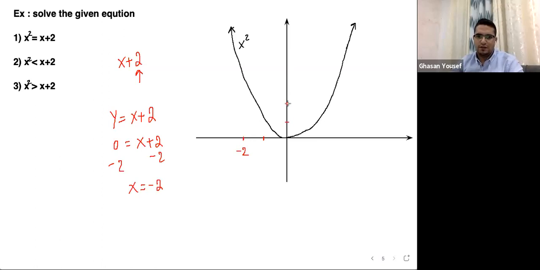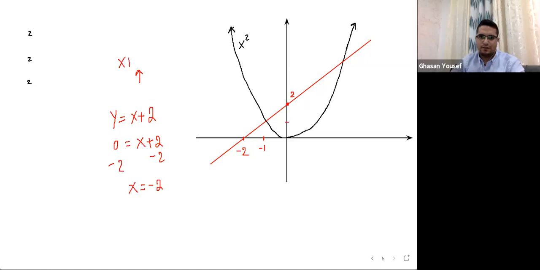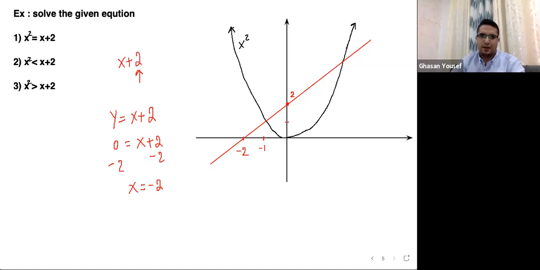Now to graph this function, it just looks like this. A line passing through -2 and 2. So the y-intercept is 2. This is 2 here, and the x-intercept is -2, like this. And this is -1. So the curve and the line intersect. At which points do the curve and the line intersect?